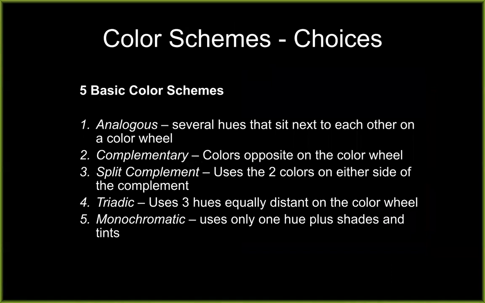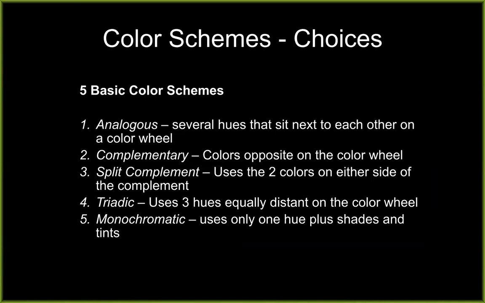The 5 basic color schemes are analogous, where you use two or more hues that sit next to each other on a color wheel. So until you really learn your color wheel, it might be helpful just to keep one handy. You can use colors that are complements, so they're opposite each other. You see these all the time in, like, restaurant design.